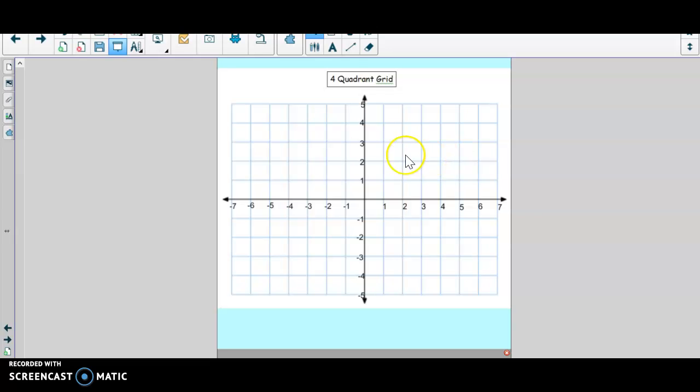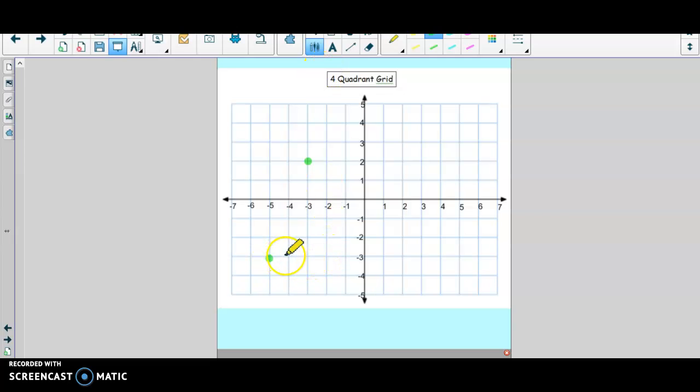Now we know we can have negative numbers. So if we go over to this grid and we plot here, then the coordinates of this point become -3 because we're counting backwards just like we do on a number line, 2.